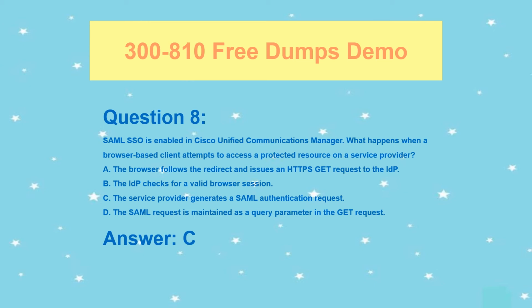B. The IDP checks for a valid browser session. C. The service provider generates a SAML authentication request. D. The SAML request is maintained as a query parameter in the GET request. Answer: C.